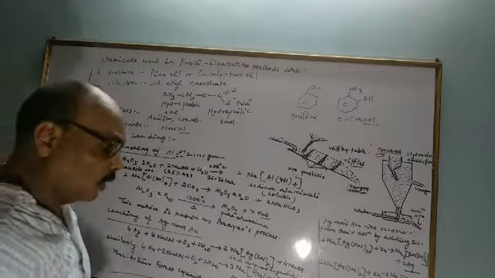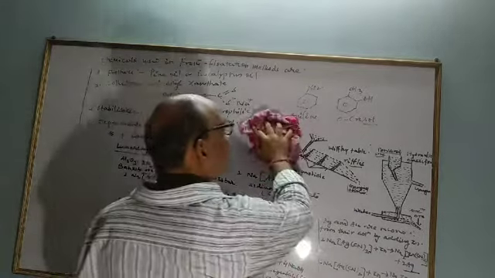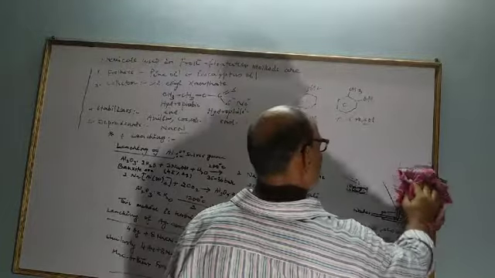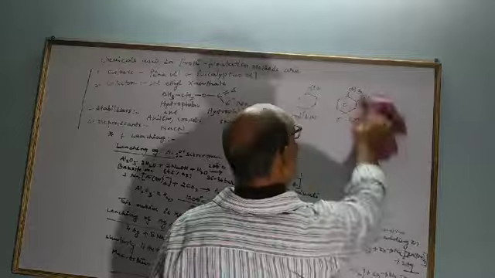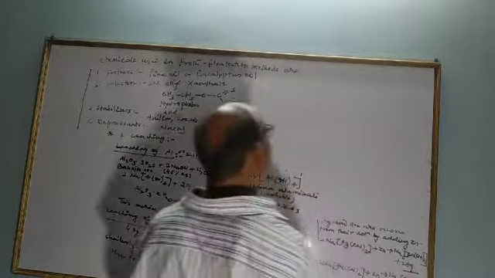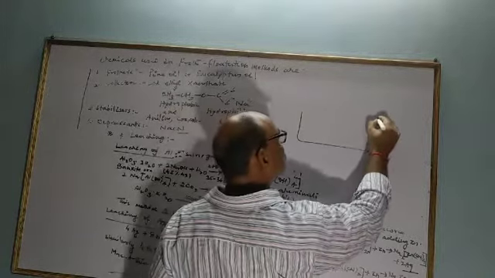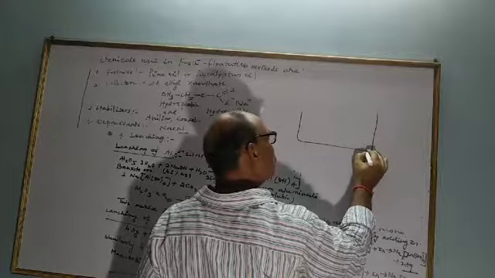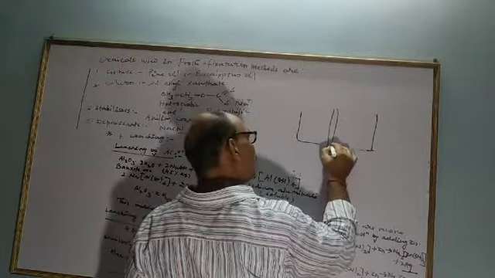So in the froth flotation method, what we see is that this is the tank. In the middle of the tank, there is an agitator.